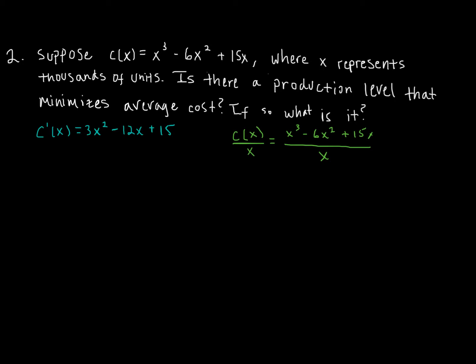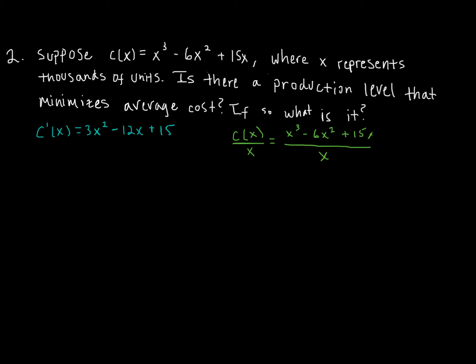You can set these equal to each other straight off the bat, and your first move will then be to multiply by an X on both sides so that you don't have a rational expression on one side. But you could also notice that X will divide in evenly to all of these, so you can just cancel an X in each of these terms, and you'll get X squared minus 6X plus 15, and then you can set them equal to each other.